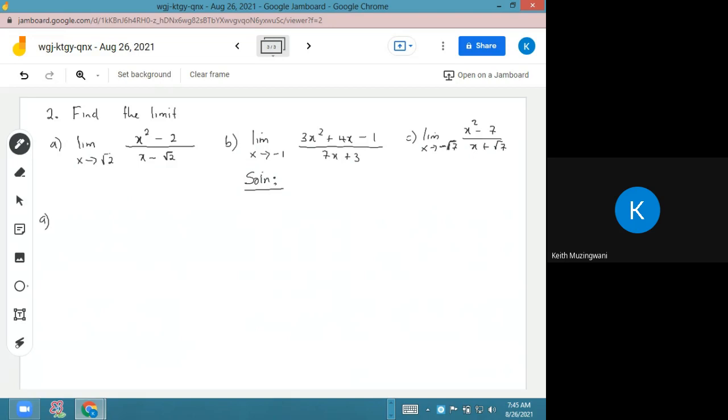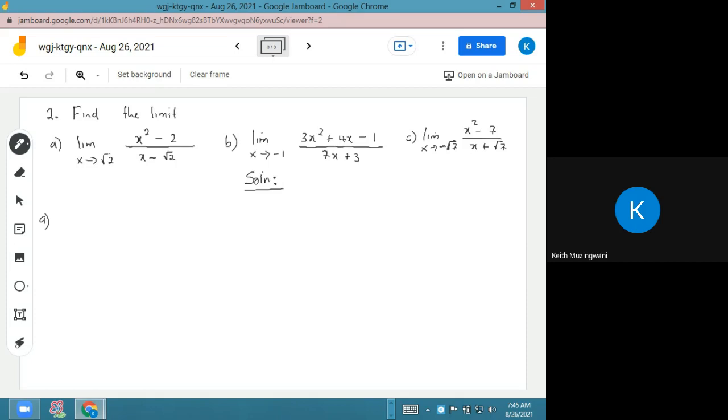Solution. A, if you look at the numerator, if you try to substitute root 2, you get 0 over 0. Undefined. But remember, the target is we must be able to substitute root 2 in this thing. So you model it so that it can allow us to substitute.